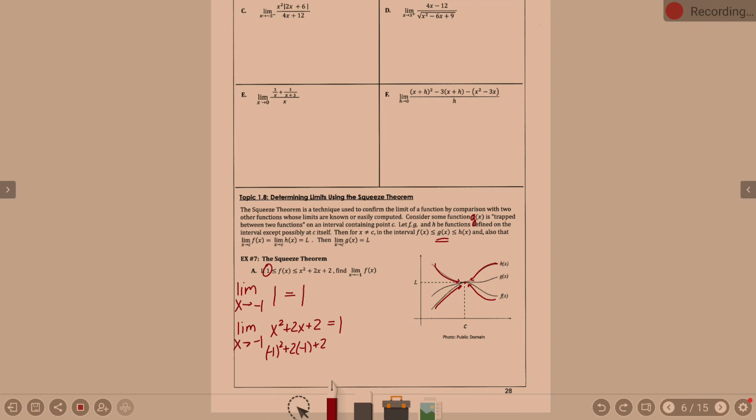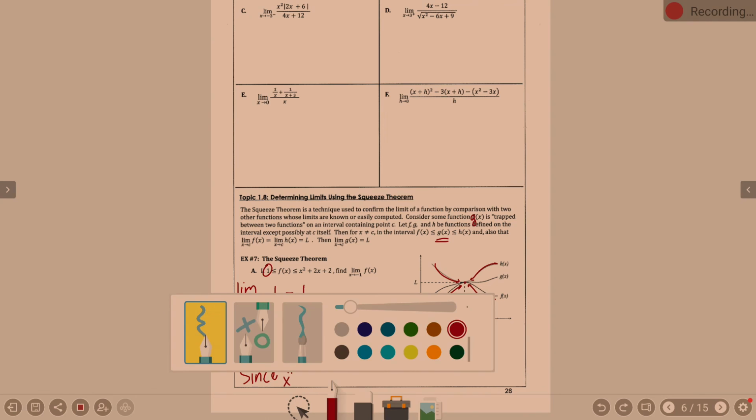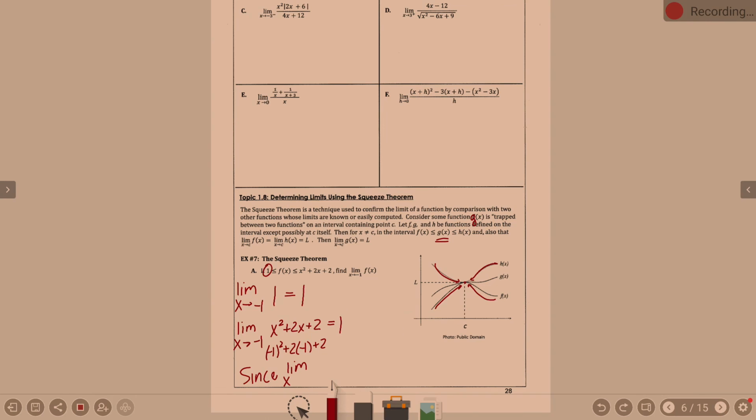Okay, so what we can say is, since these two limits equal each other, the limit as x approaches negative 1 of 1 equals the limit as x approaches negative 1 of x squared plus 2x plus 2, since those limits are equal to each other.